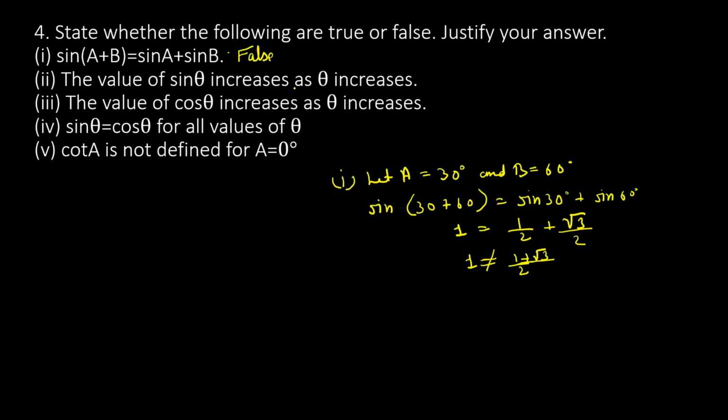Now let's do the second one. The second one is: the value of sine theta increases as theta increases. Now we have to find whether the value of sine theta increases as theta increases. If the value of theta increases, first we will take sine 30, sine 45, sine 60, sine 90, and see whether the value of sine theta will increase or not.